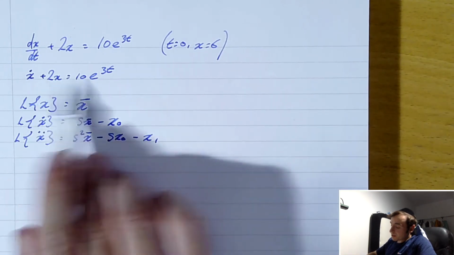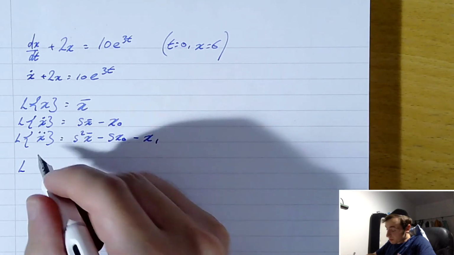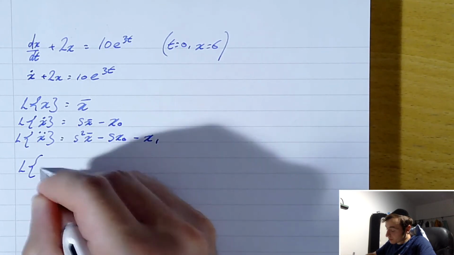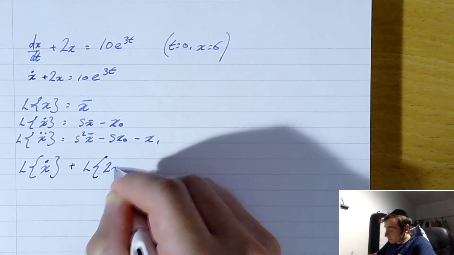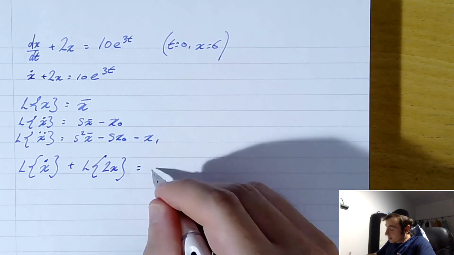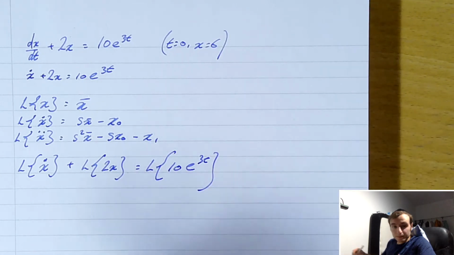If we do the Laplace transform of the left and the right hand side, incorporating the principle of linearity, we're going to get the Laplace transform of x dot plus the Laplace transform of 2x equals the Laplace transform of 10e to the 3t.